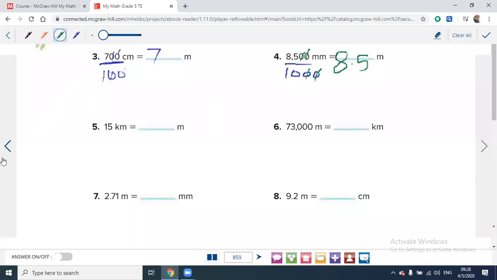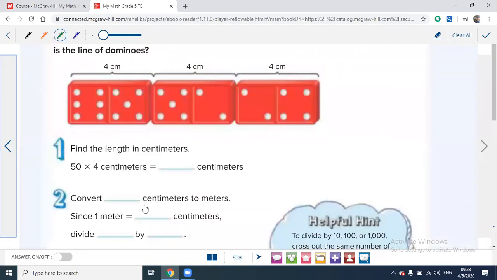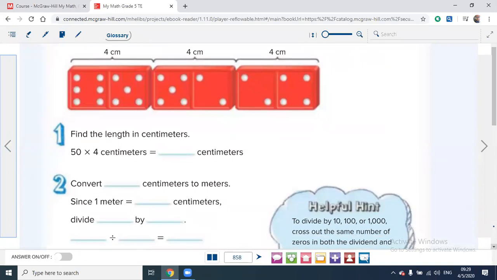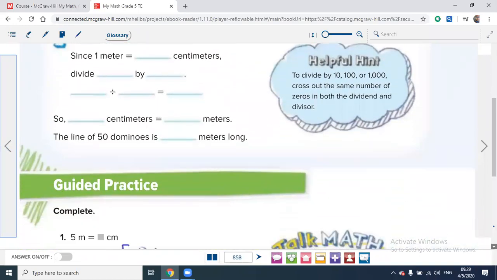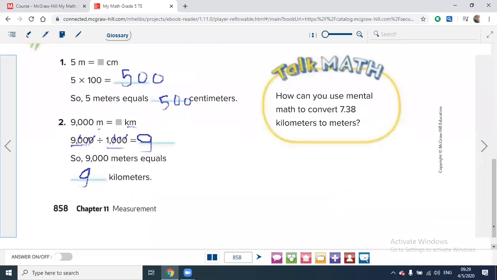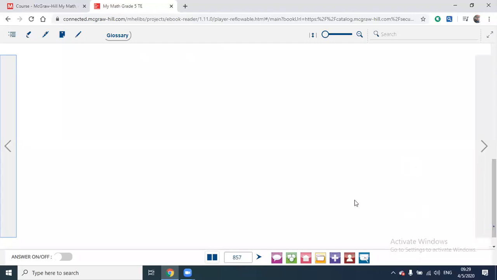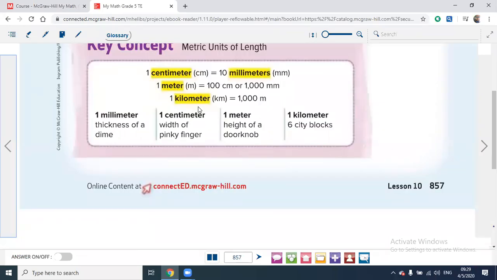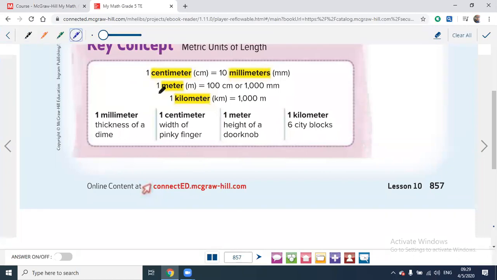Here, as you see in your book, at page number 857, the first page in our lesson, we see the relation between units. 1 meter equals 100 centimeter, or 1,000 millimeter.